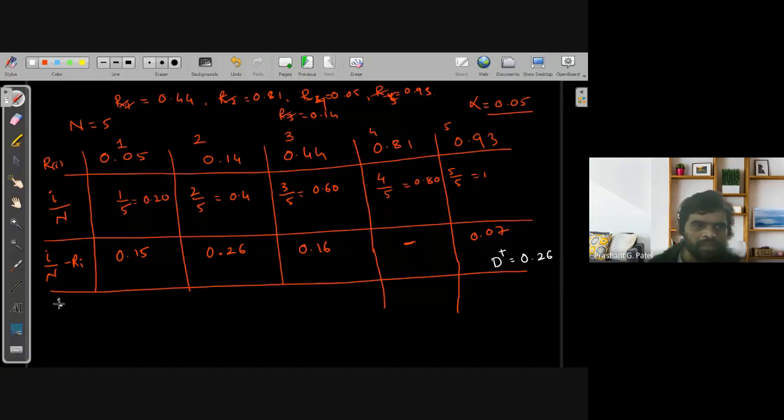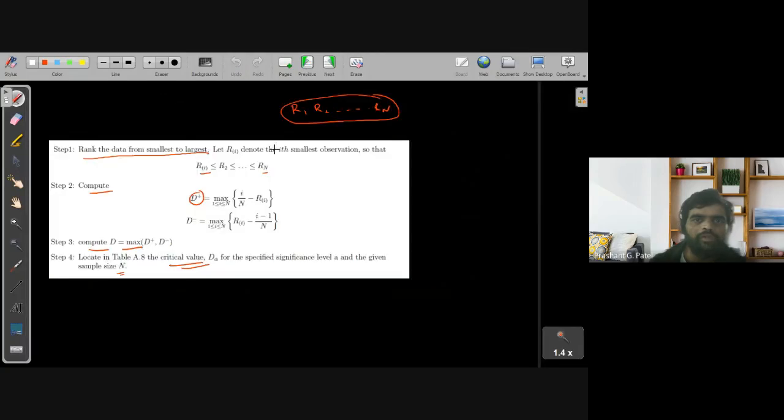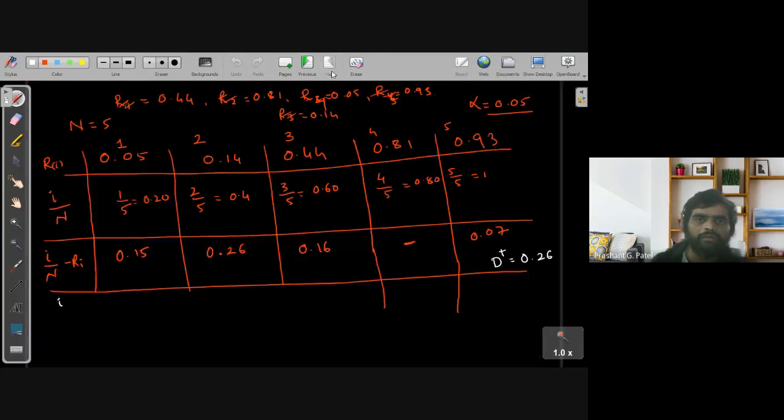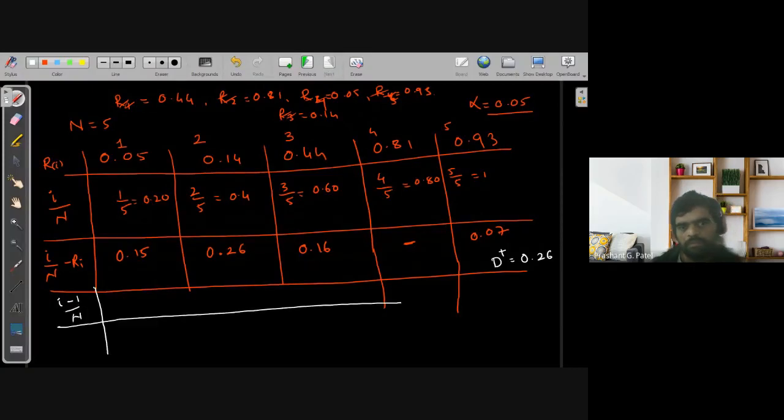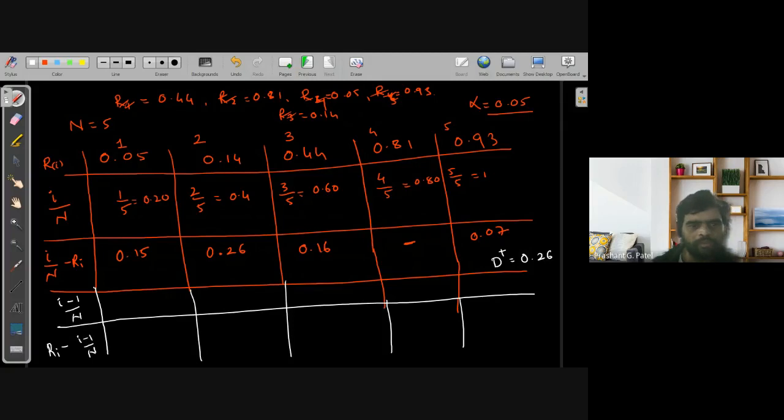Next, previously I have to calculate (i minus 1) by N. So what is (i minus 1) by N? And then Ri minus (i minus 1) by N. Here it is 0 by 5, so this is 0. This is 1 by 5, so it is 0.20. This is 0.40. This will be 0.60, and this is 0.80.